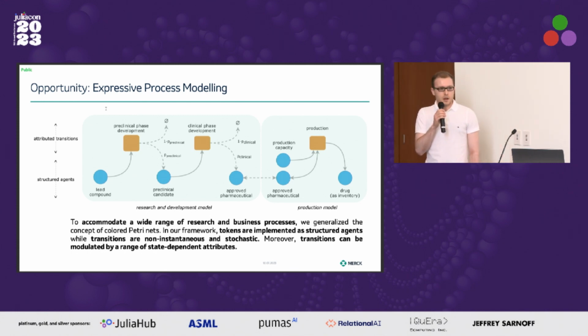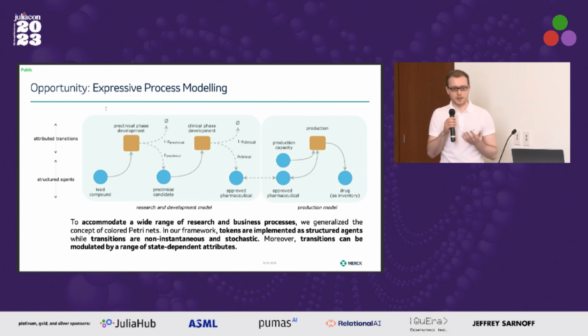The starting point for the framework was the category of open Petri nets. I'm not sure whether we are all familiar with this concept, but you can think of it as having 2 types of objects: agents or entities, and rules that move these entities in the system.